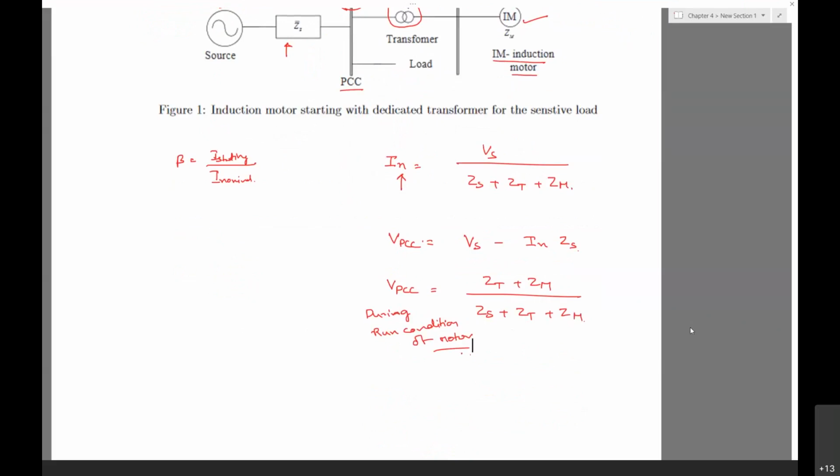How we can do this is, we know that the source MVA Ss is equal to Vn square, the nominal voltage squared, by Zs. What about Zt?